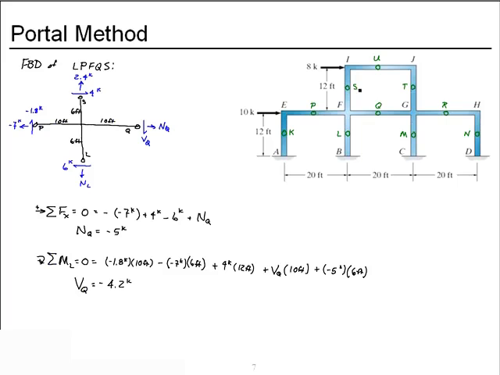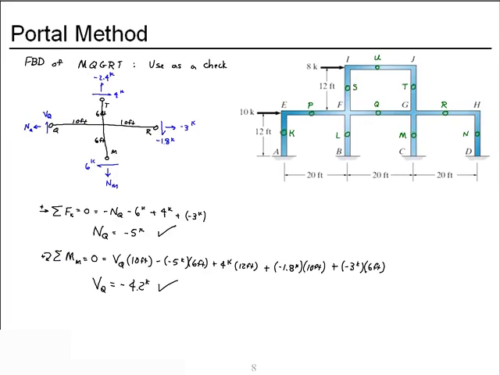We then moved inside the structure and found internal forces at Q. We then used this other free body as a check of our calculations, because we've done many at this point that are prone to mathematical error, calculator error, and we found that it matched our previous calculations.